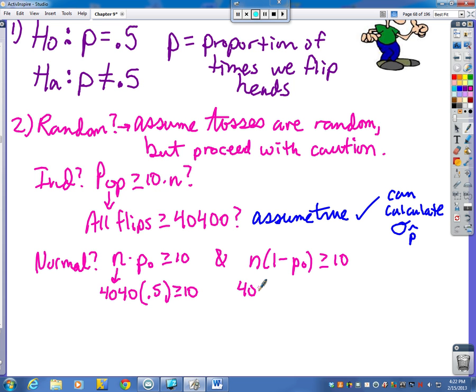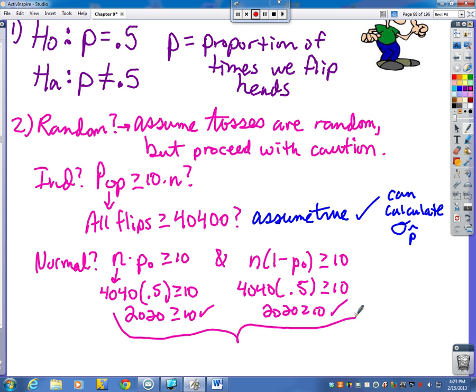And so again, we've got 4,040, and then 1 minus 50% is going to give us 50% again, so we're going to end up with the same values here. And half of 4,040 is 2,020. So in both of these cases, yes, it's true. Boom, boom, check, check. What may we proceed to assume from this point? We may assume we have an approximately normal distribution.